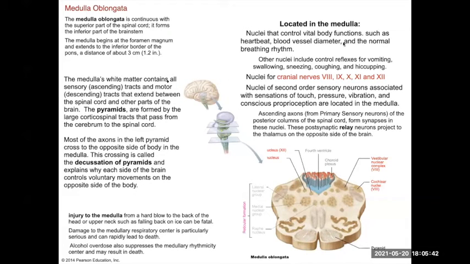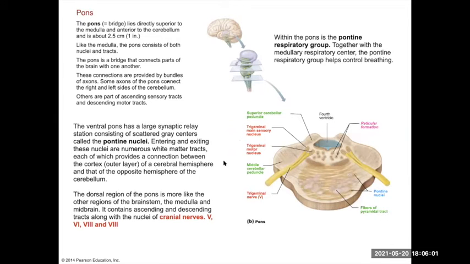Partially because of its function in respiration and heartbeat, if you have injury to the medulla, if you mess up your respiratory center, you're in serious trouble. That can cause death right there. So we'll talk a little bit more about the respiratory in a second. And then the pons is something similar. You've got cranial nerve nuclei, you've got tracts like these peduncles going to and from the cerebrum and cerebellum.